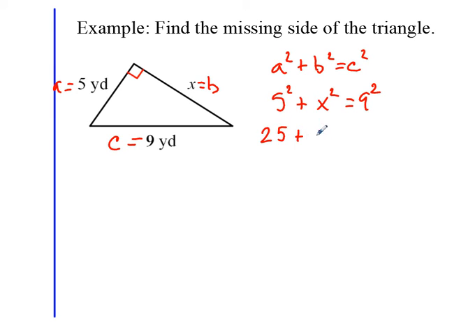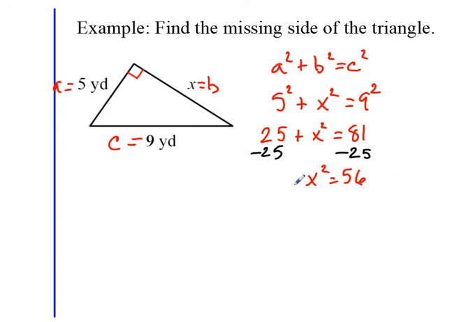25 plus x squared is equal to 81. I'm going to subtract 25 from both sides, and I end up with x squared is equal to 56.